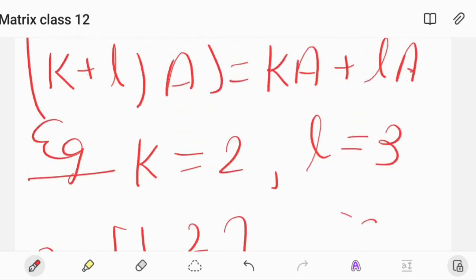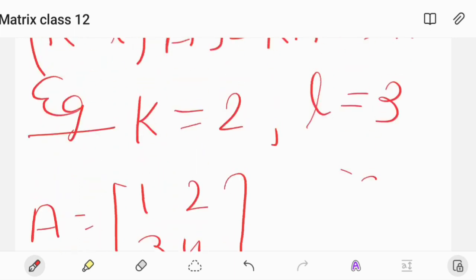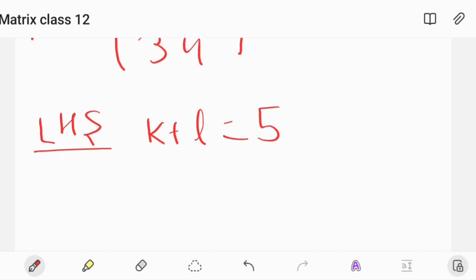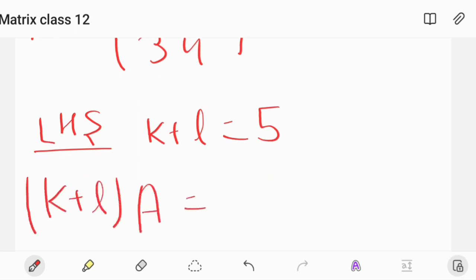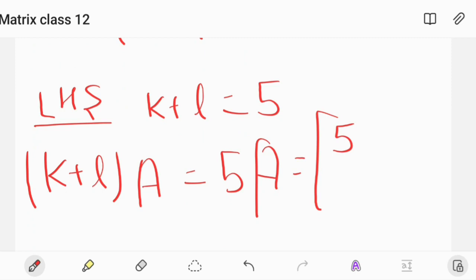It says (k plus l) times A. What is my k plus l? 2 plus 3 is 5. I have to multiply k plus l with A, which is 5 times A, right? So multiply 5 with each and every term: 5, 10, 15, 20.